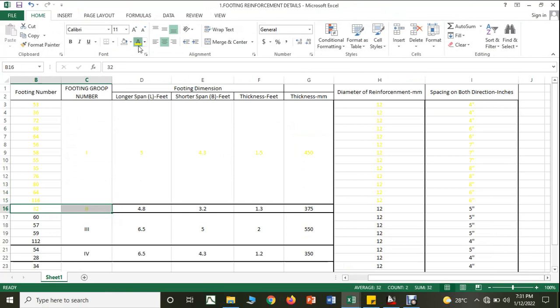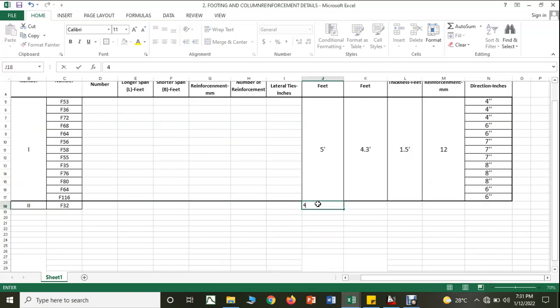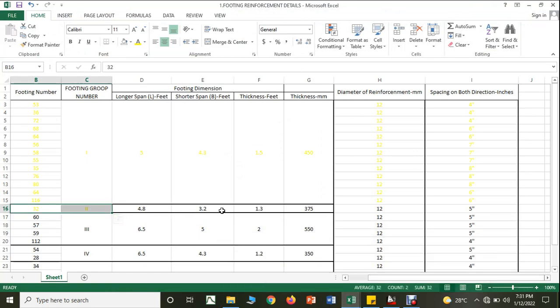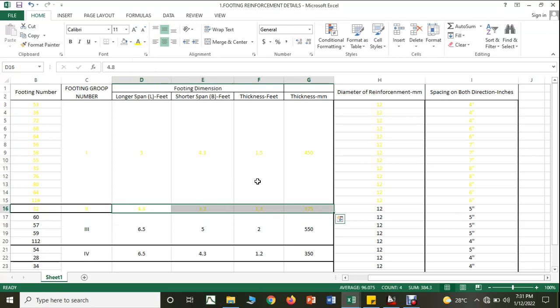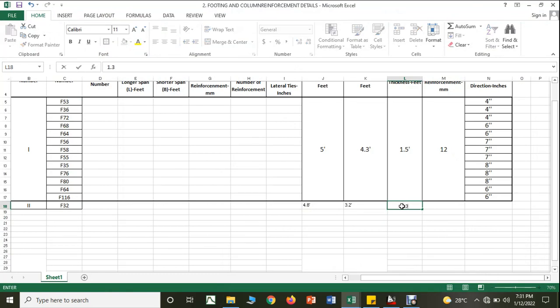These two: 4.8 feet, 3.2 feet, 1.3 feet. 4.8, 3.2, 1.3. You can see here 4.8, 3.2, 1.3.